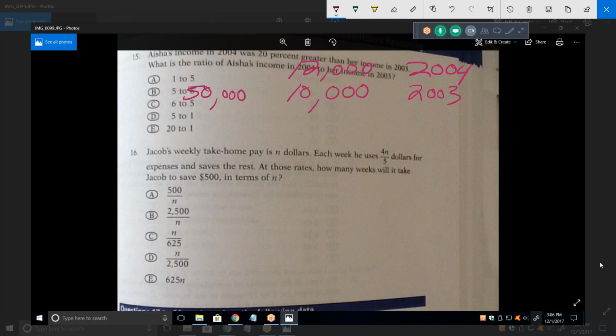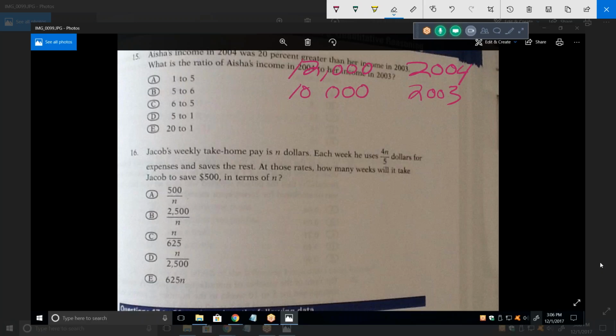In other words, if I got to figure out what 20% of this is and add it, I get that. Well, yeah, we can still do it. It's just when you're picking numbers, pick the numbers that make the math the easiest. Okay.